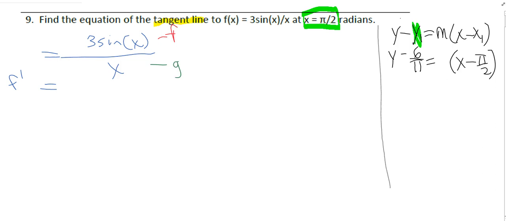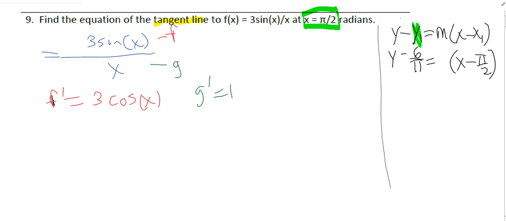So let's just put this together. The derivative of f is going to be 3 cosine of x, and the derivative of g is just going to equal 1.